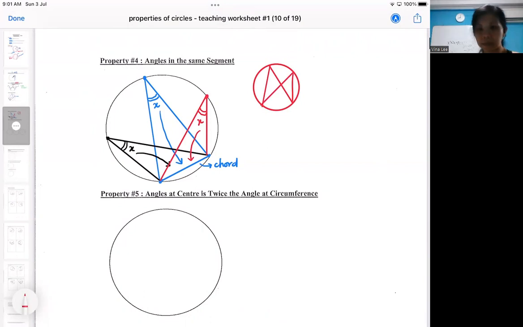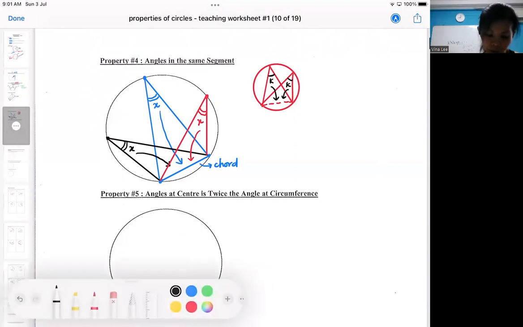Maybe they just give something like this and you don't see any chord, so you could add in a dotted line. If you add in a dotted line here, this angle is facing the same chord. So these two angles fulfill the angles in the same segment property. Sometimes it's okay to put in a dotted line to represent the chord that you don't see, so that you can relate to this property.